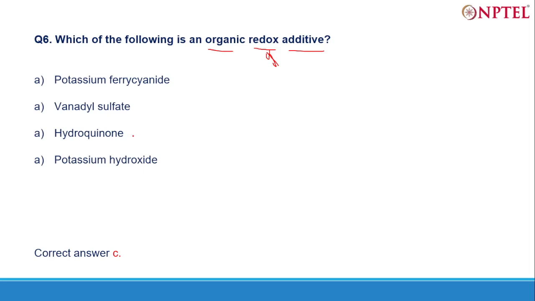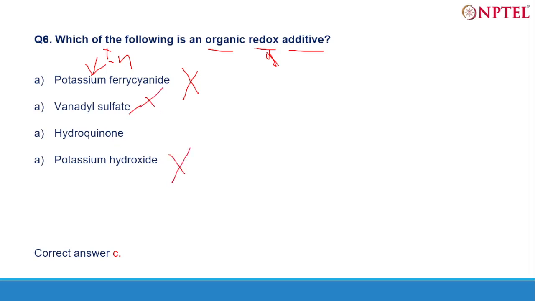So first look at the options. The first option is potassium ferrocyanide. Does it seem organic? Potassium is inorganic. It doesn't have any carbon origin, so it is inorganic and not the correct answer. Vanadium sulfate: this doesn't have any carbon origin either.